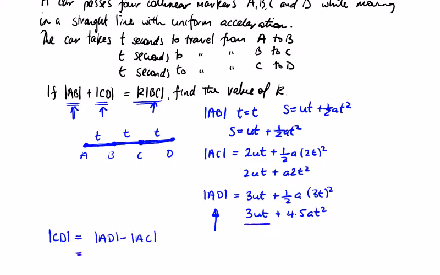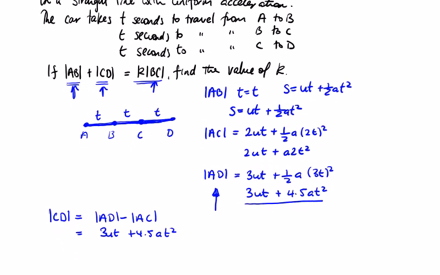AD is 3ut plus 4.5 at squared, and we're going to take away AC. So we're taking away 2ut and 2at squared. So we're going to get ut plus 2.5 at squared.